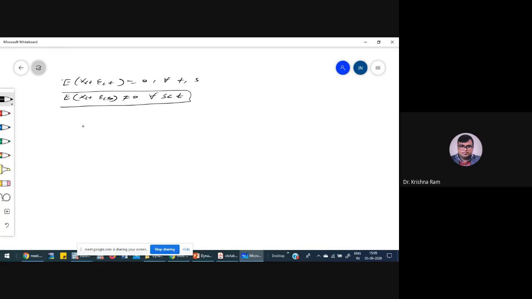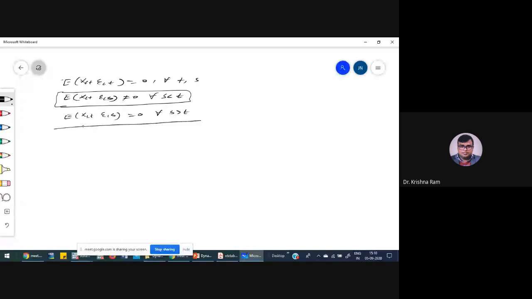This means we allow correlation between the past error term and the current value of the explanatory variable. But at the same time, when we write x it epsilon it plus s, it is 0.